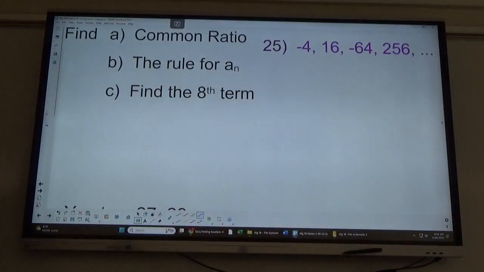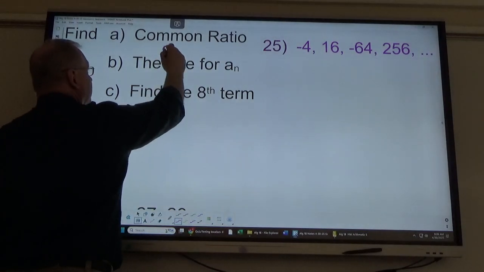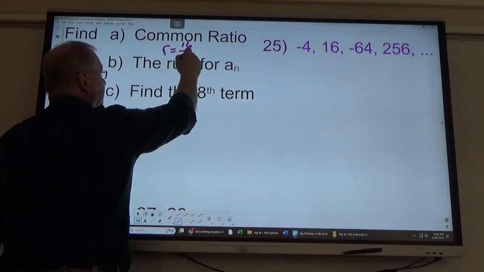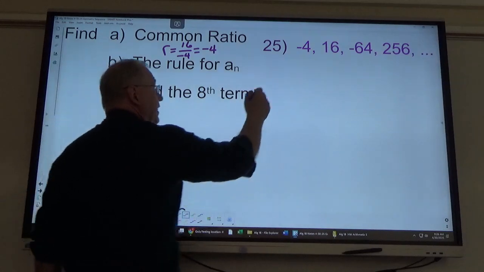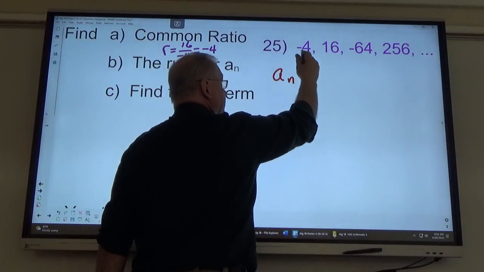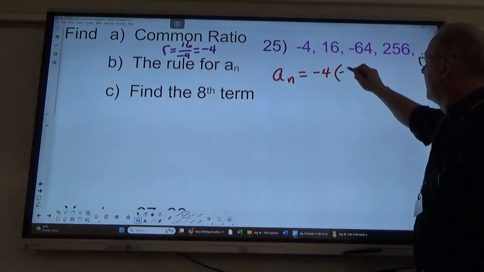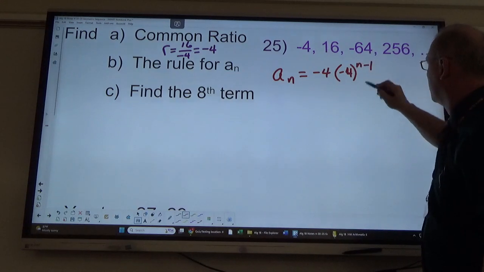Finally, let's look at common ratio, rule for a sub n, and the 8th term, finding the value of the 8th term. Well, r is going to be 16 over -4 or -4. A sub n is going to be the first term, -4, times -4 to the n minus 1 power.